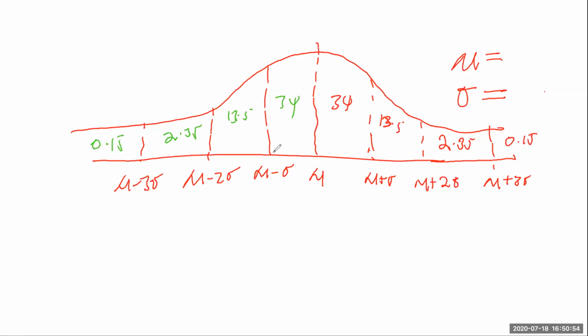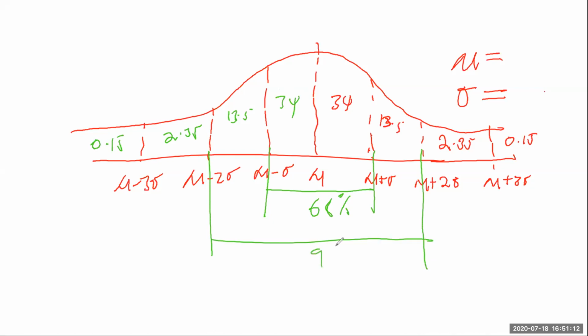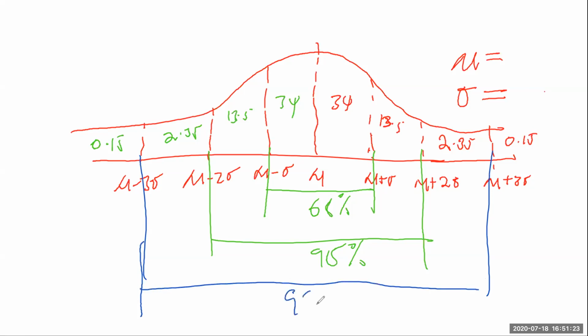And we have said that the first standard deviation is 68%. The second standard deviation is 95%. And finally, the third standard deviation is 99.7%. That's all. You should be able to produce this.